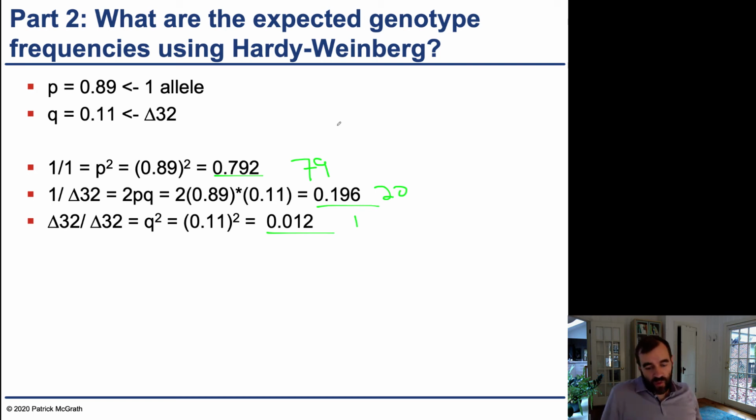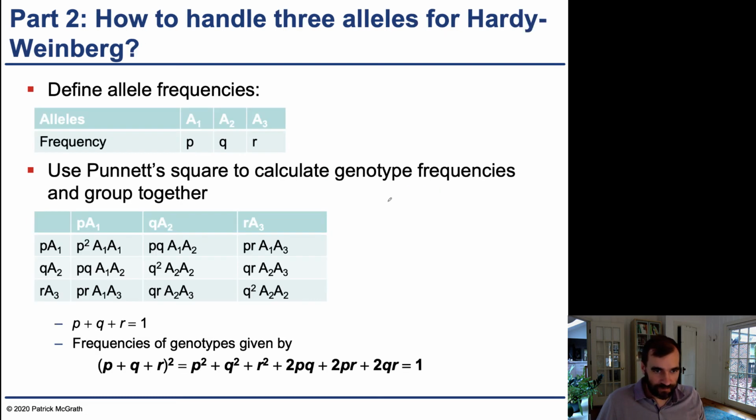And so one of the consequences of this is that even if an allele is somewhat present, so 10% of the alleles are this allele, it's very rare to have an individual that's homozygous for it, because you're squaring this number. So this 11% goes down to 0.01% because of that.